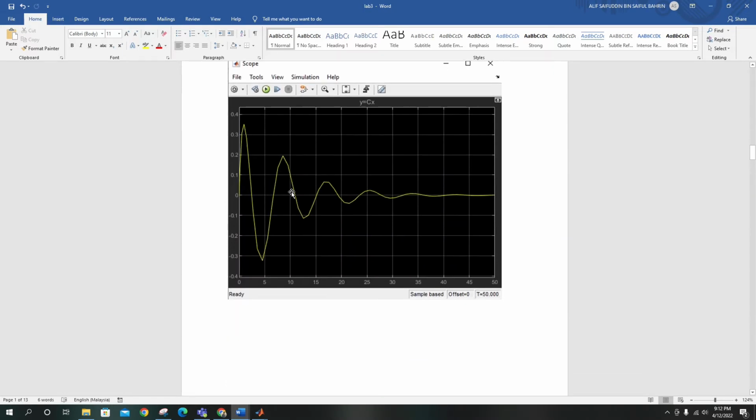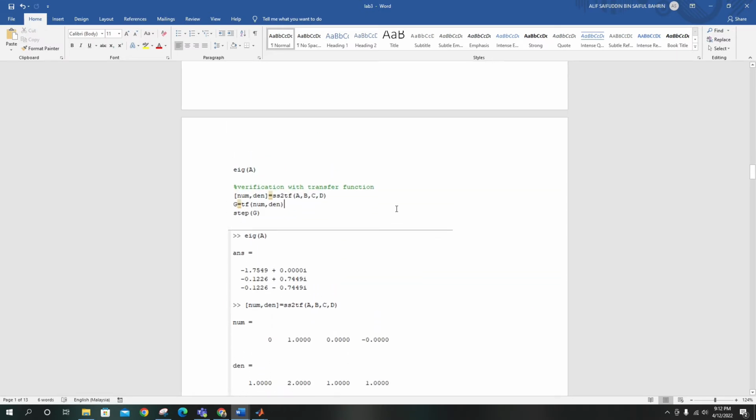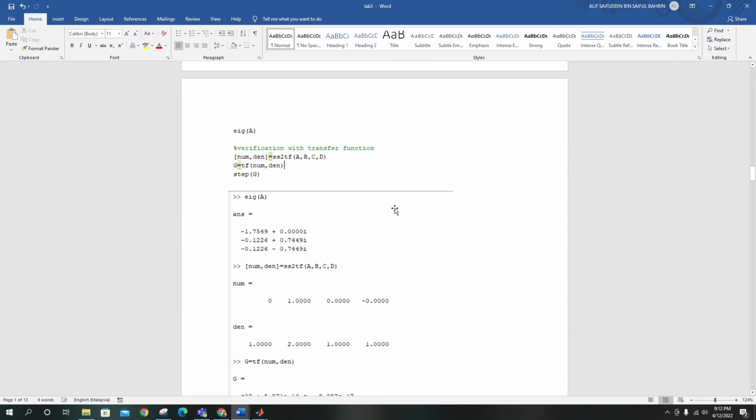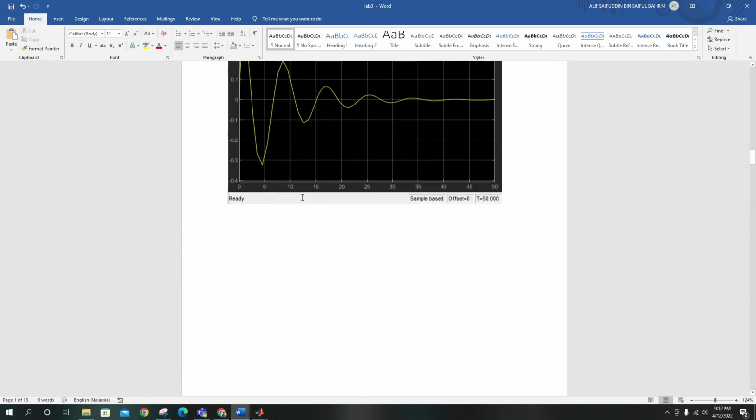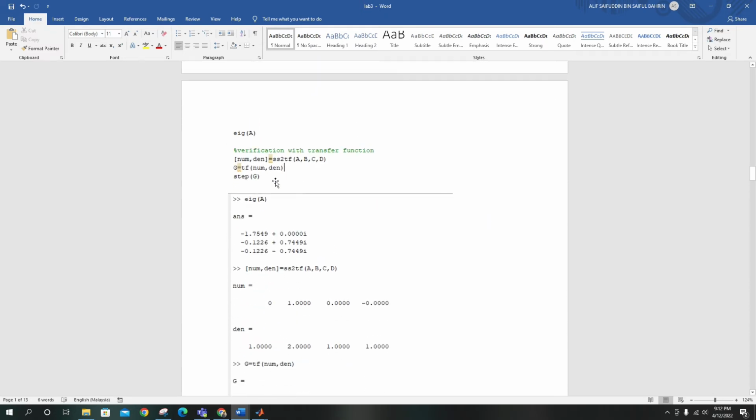After we run it, we get a stable response, because the signal tends to go to 0 as T tends to infinity. We can verify this signal using MATLAB code and find the same signal as in Simulink, using the command eig.